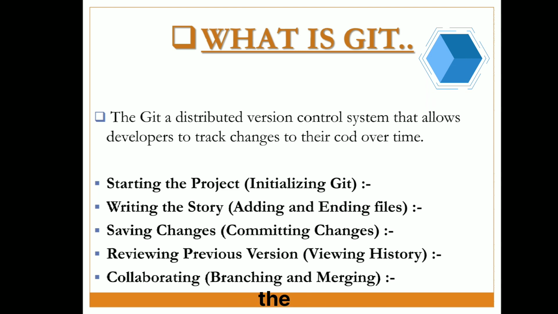The last one is collaborating, branching and merging. Sometimes you and your classmate may disagree on how the story should go. So you create a copy of the notebook, write your own version, and you decide which version to keep. This is like branching and merging in Git.